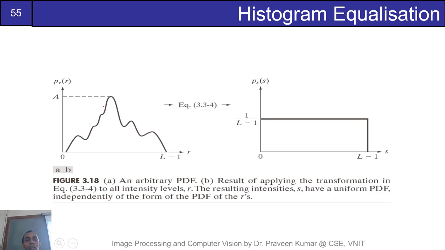Our input image can be any random image with any random probability distribution function. For the output image we want our PDF function ideally to be something like this, a flat PDF function. So what mapping can we do, which can take this input PDF function and get this output PDF function?